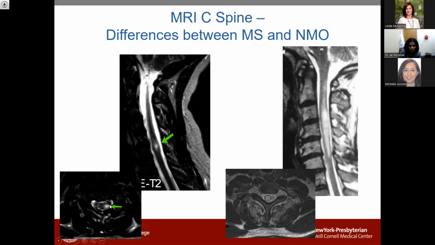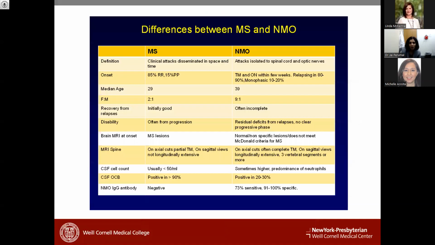On cross-section, the MS lesion covers about half, or doesn't cover the entire cross-section of the spinal cord, versus an NMO lesion that covers the entire cross-section. So if you see lesions like this, even if they have lesions in the brain that look like MS, you should still suspect NMO and send for the NMO IgG antibody. So these are differences between MS and NMO.